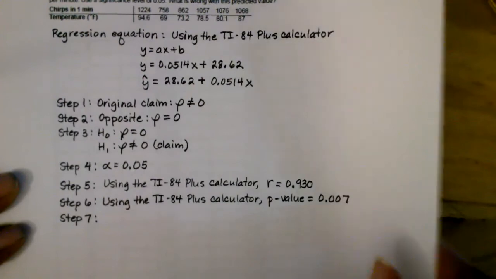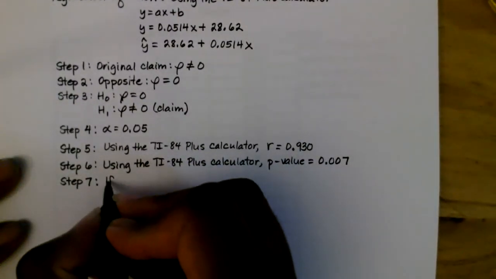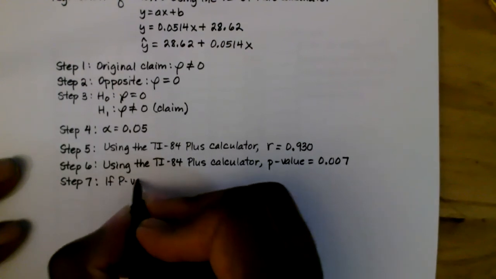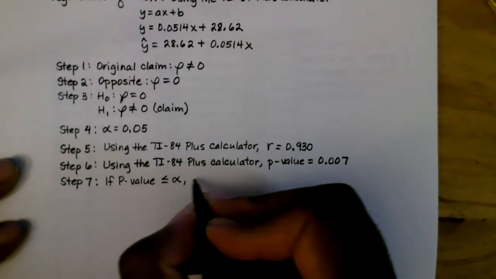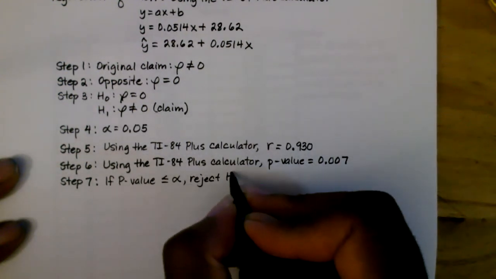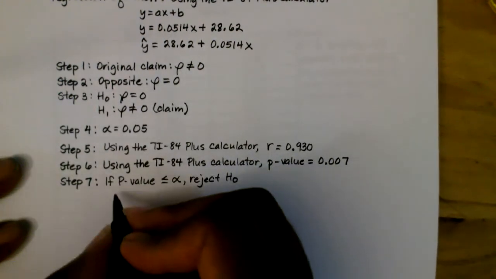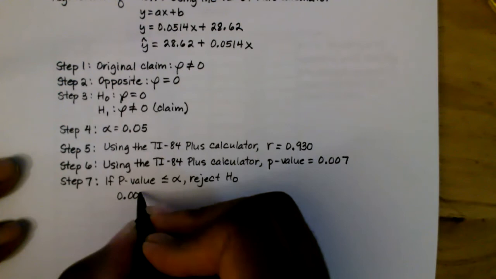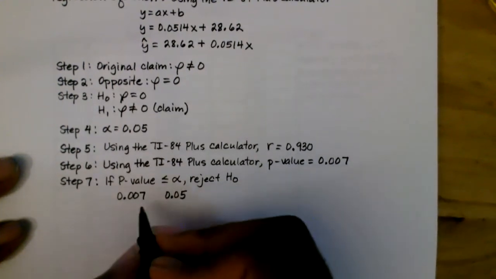Now, step number 7 is my decision rule. If this p-value is less than or equal to my level of significance, which is alpha, reject the null hypothesis. So here the p-value, we found out to be 0.007, and the alpha level of significance is 0.05.